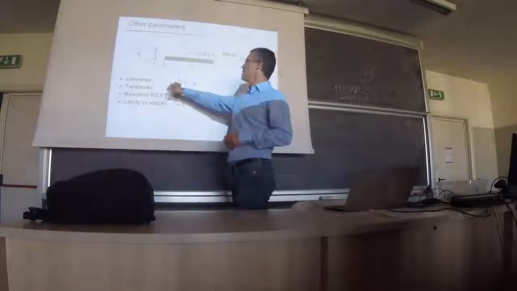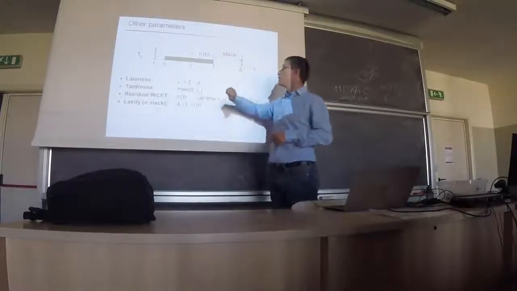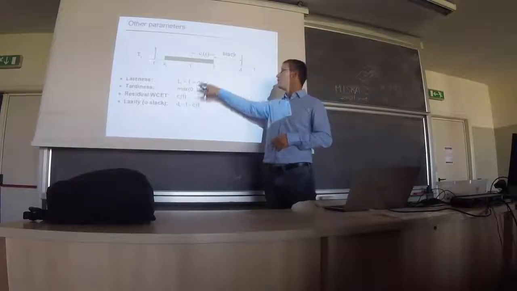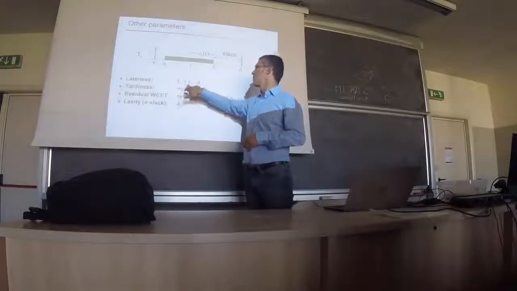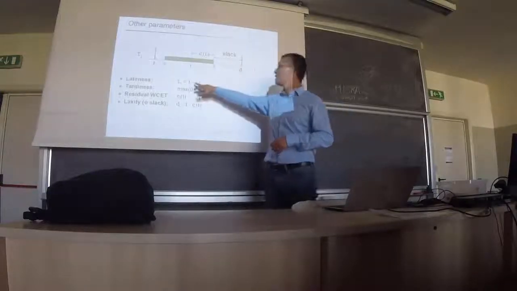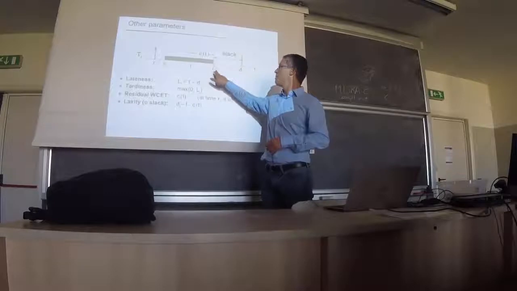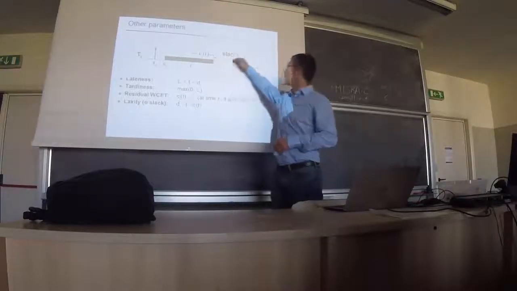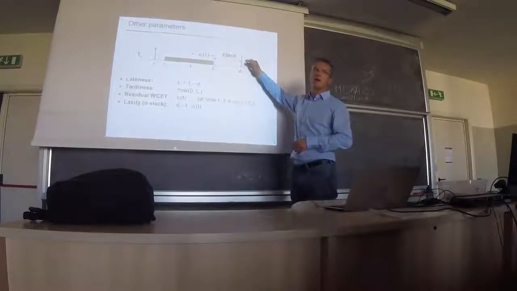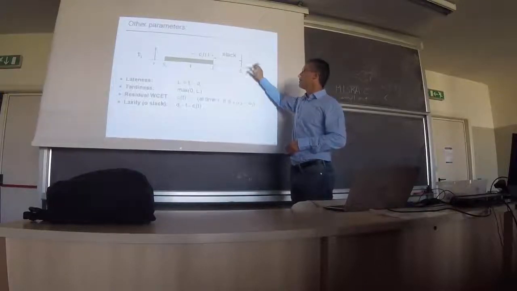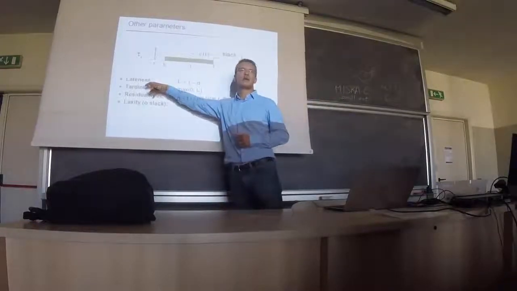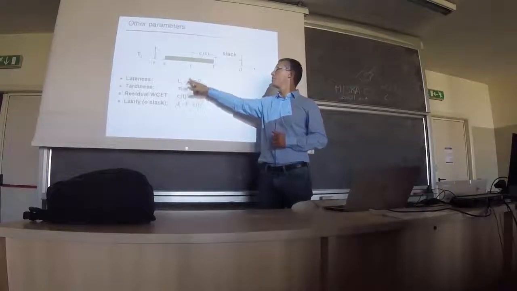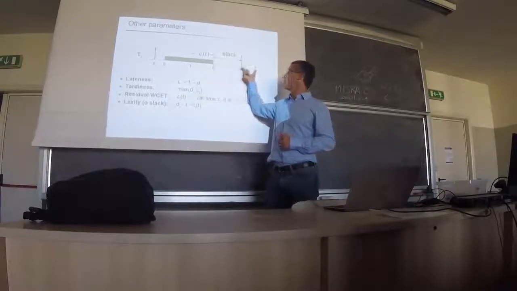We also have lateness, and the tardiness, which is the maximum of 0 and finishing time minus deadline. If the task completes later than the deadline, the amount by which it completes later than the deadline is called lateness. So finishing time minus deadline is called lateness.